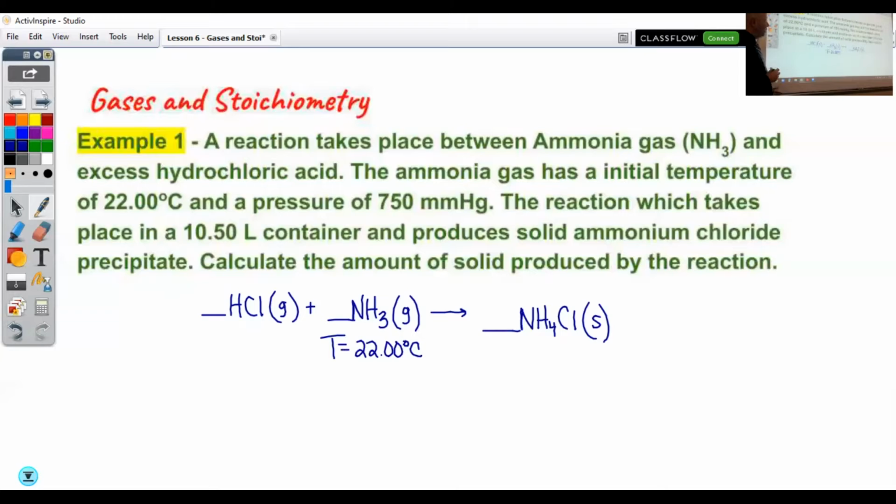We continue reading, it says that it has a pressure of 750 mmHg. And finally, it tells us that the reaction occurs in a 10.50 liter container.